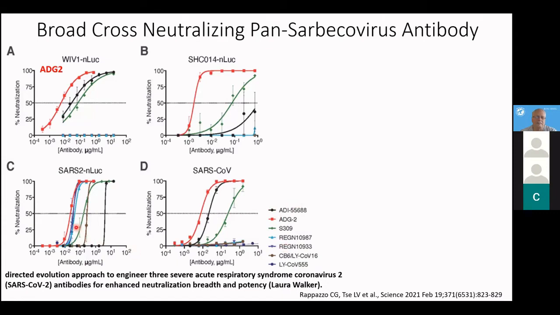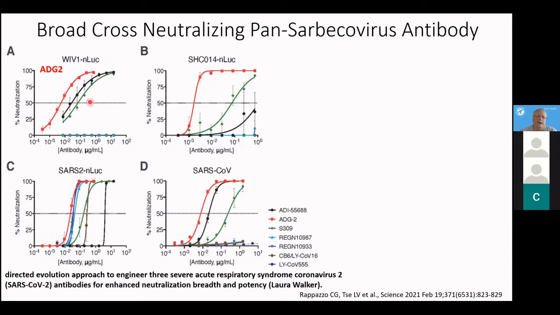this list. When you compare the neutralization profiles with the 2003 SARS coronavirus strain, you can see that the ADG2 antibody is still extremely potent, if not more potent, against SARS-2, while most of these antibodies have lost neutralization potency against the original 2003 strain.